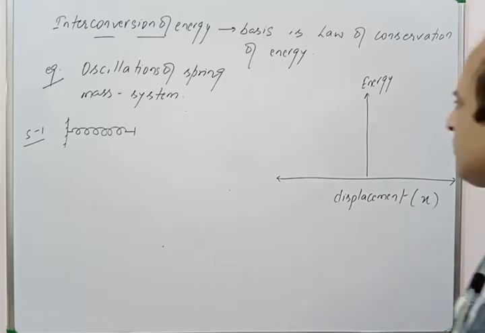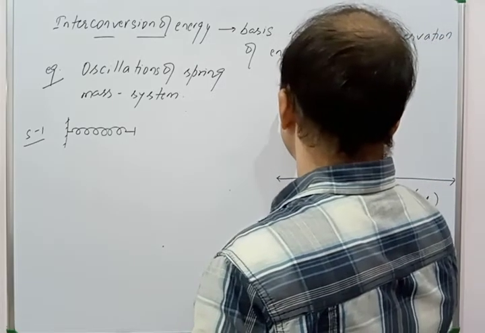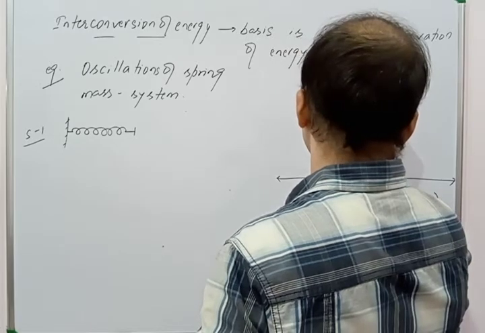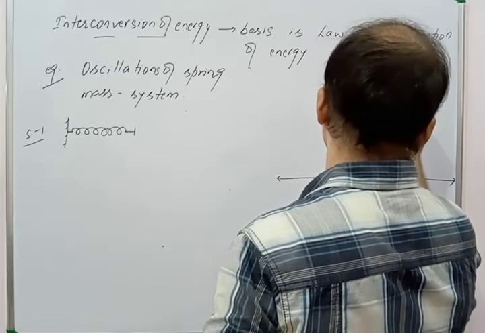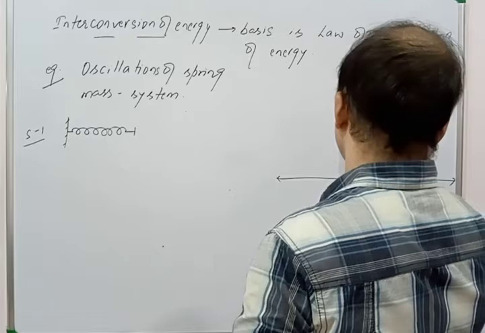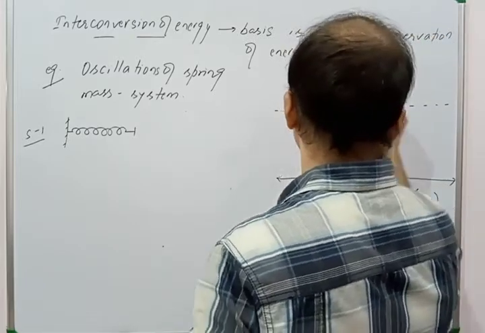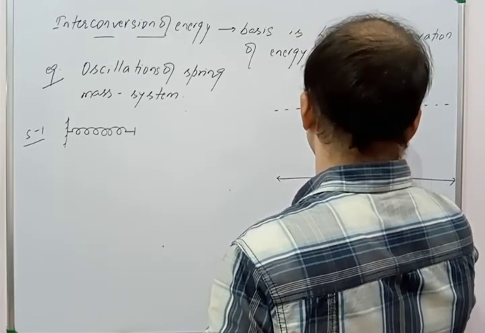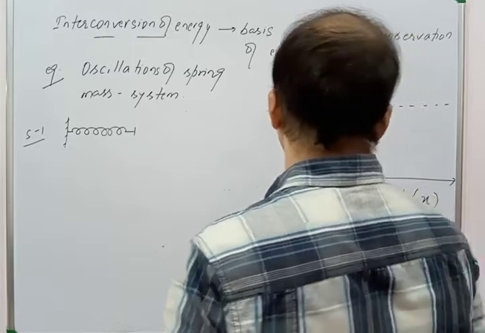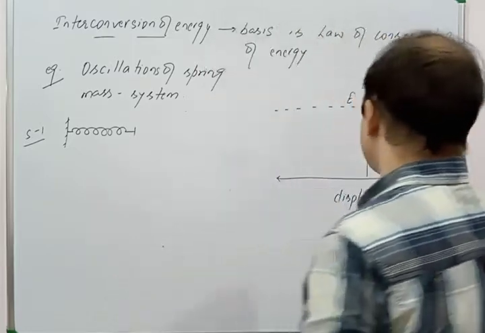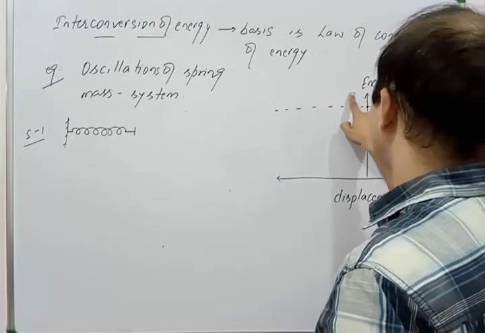ठीक है? Now naturally, since the total energy has to be conserved, let the total energy of the spring be given as E. This line shows the total energy.